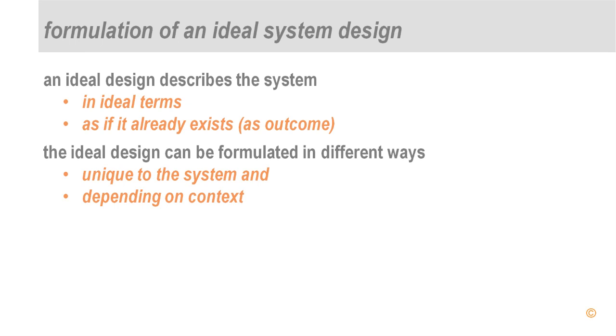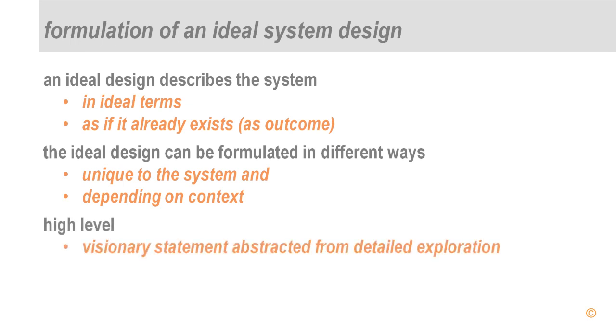Ideally, one expresses the design in a high-level visionary statement, which would nevertheless be abstracted from a more detailed exploration in terms of the seven forces. Whenever we talk about design iteration and higher level abstraction, that is what we mean: to create higher level information that is ideally visionary.